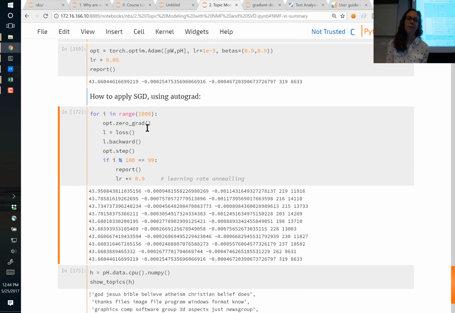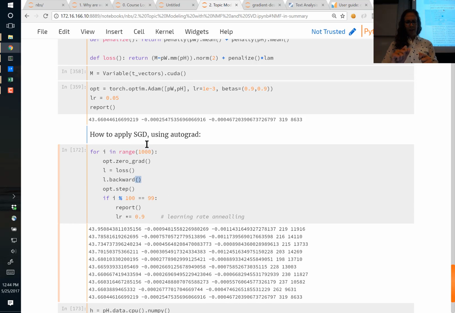This for loop is really useful. You could use it with a lot of different problems. PyTorch requires you to set your gradients to 0 manually with your optimizer. So with our optimizer, we're saying the gradients are 0. We calculate the loss.